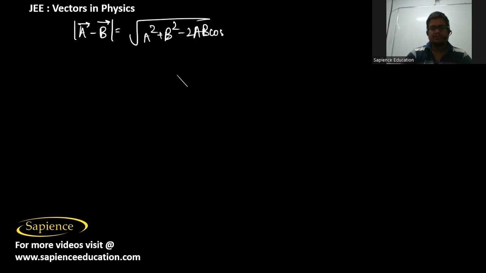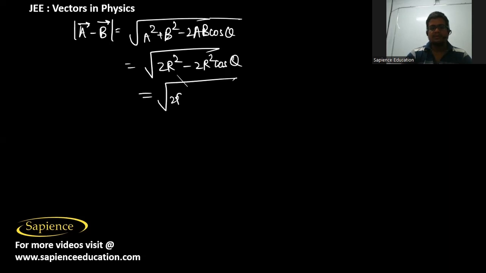And if you have to find the magnitude of A minus B, that will be the square root of A square plus B square minus 2AB cos theta. So that will be equal to the square root of 2R square minus 2R square cos theta, which is the square root of 2R square into 1 minus cos theta. Now 1 minus cos theta is equal to 2 sine square theta by 2.